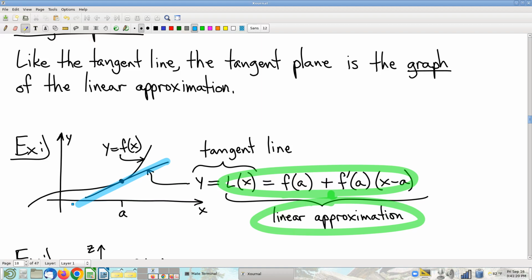So the relationship to be aware of is that the tangent line is the graph. The tangent line specifically is the graph of the linear approximation.